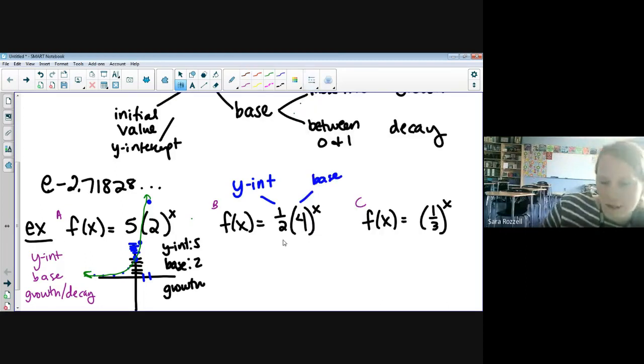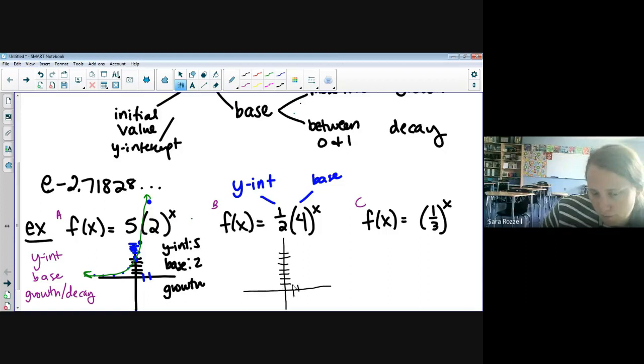So our graph looks very similar to the one that we just drew, except we're not going to start at 5. We're going to start at 1/2. 1/2 times 4 is 2, right? 2 times 4 is 8. It looks like this.